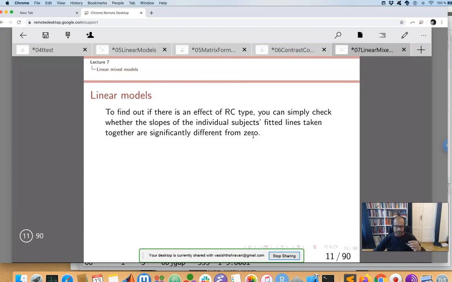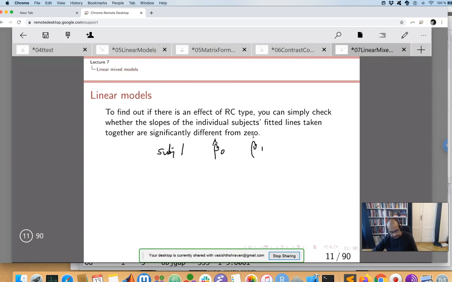Now, having fit these separate linear models for each subject, you could actually do a significance test to find out if there is an overall effect of relative clause type. The way you would do this is to check whether the 42 slopes of the subjects differ from zero. For subject 1, I'm going to have an intercept beta 0 and a slope beta 1.